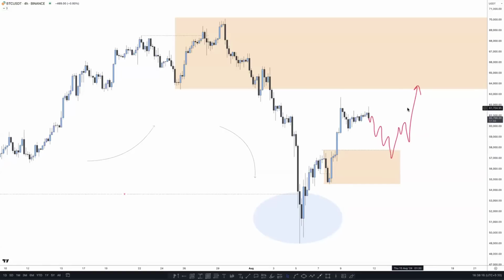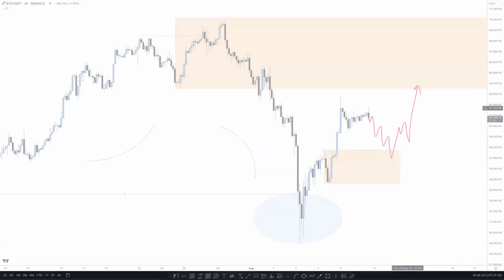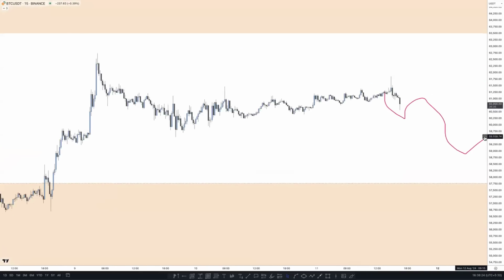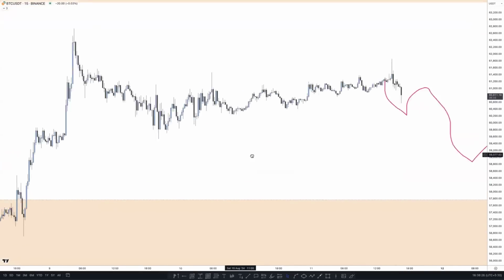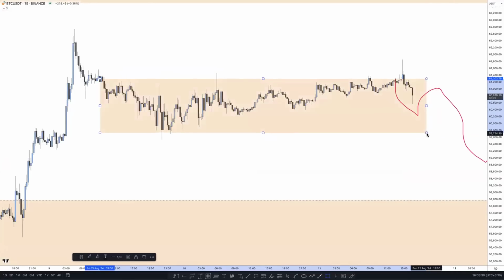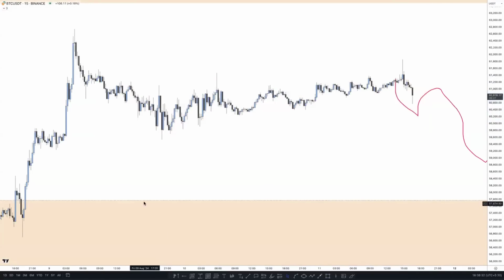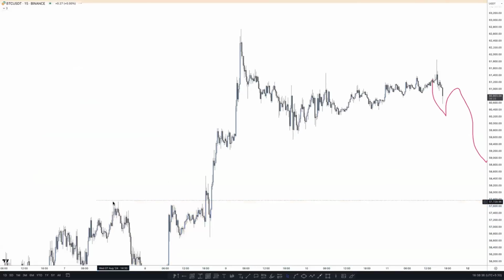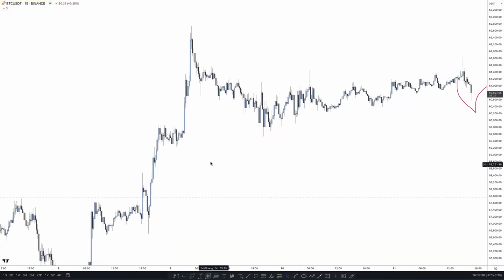Let's see what is happening here in the 15-minute time frame. Based on the 15-minute time frame, there is no clear structure and both sides the market grabs the liquidity, and this is ranging, right? So once market gets a range like this one, you have to wait for some clear confirmation.